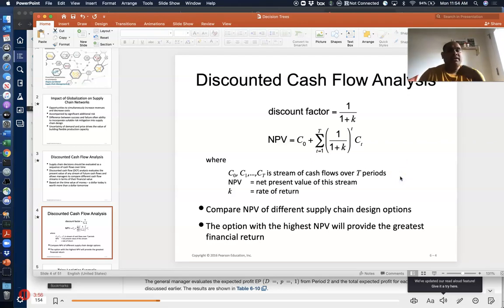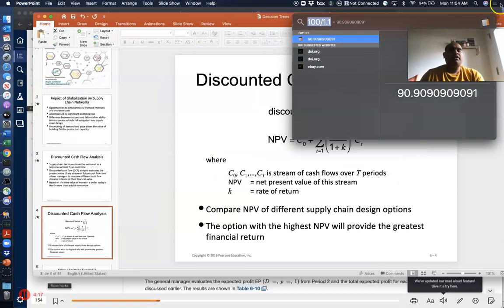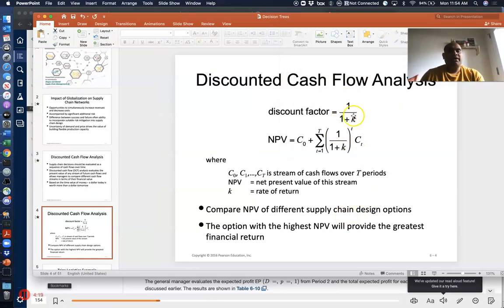So if you are going to get $100 1 year in the future, and you're calculating net present value based upon a discount factor of 10%, you're saying that future money is worth approximately 10% less. The $100 that you're going to get in the future is actually worth only $90.91 right now. And that's how you calculate it.